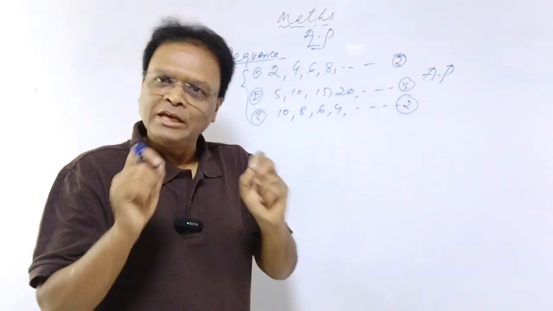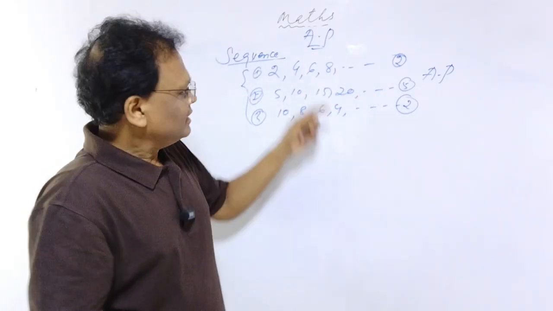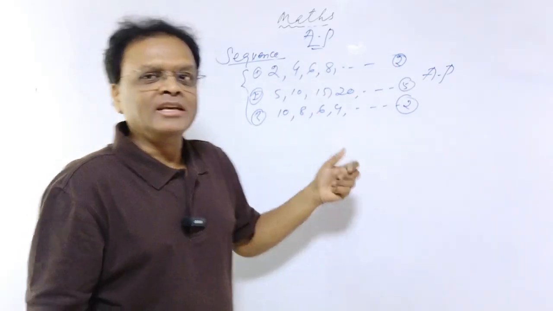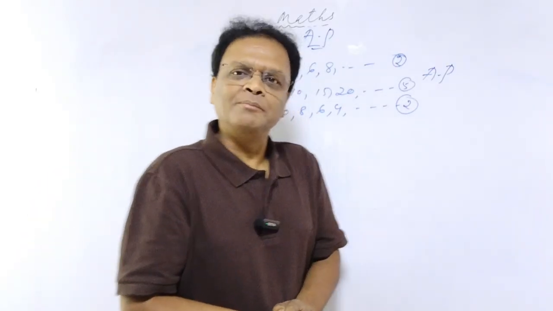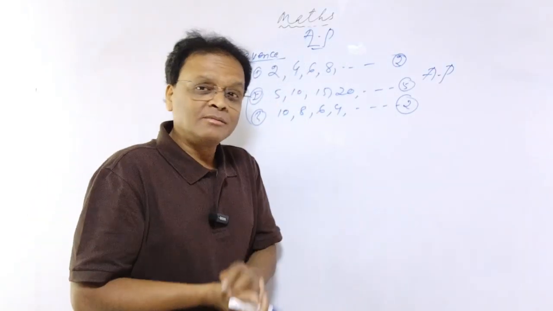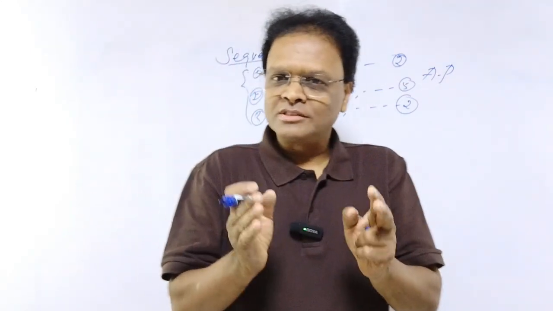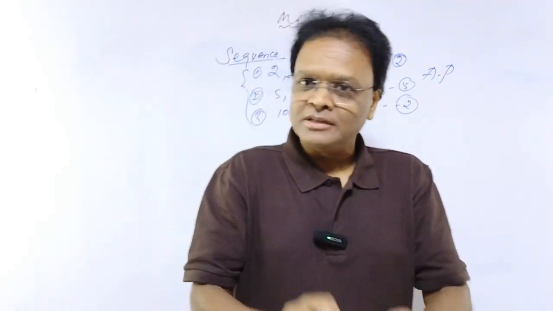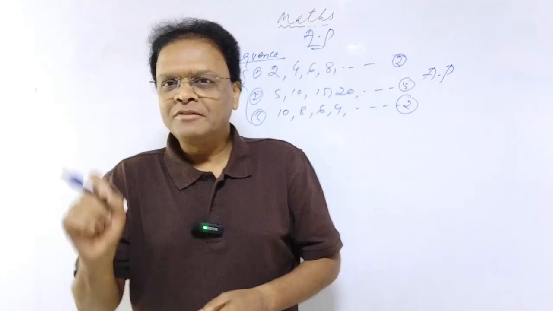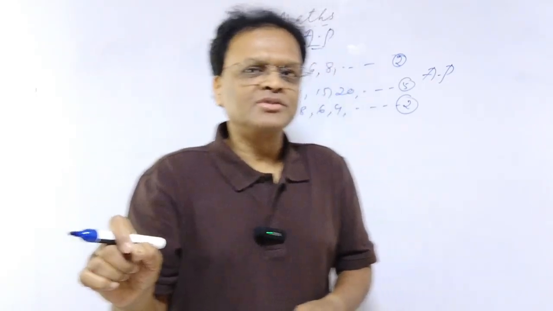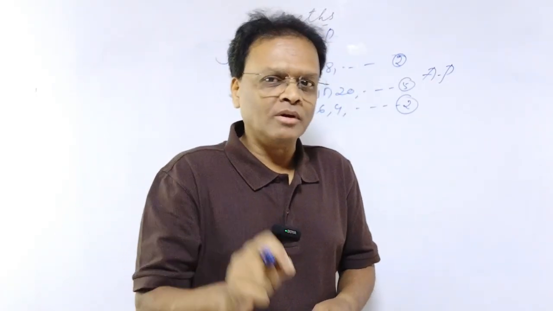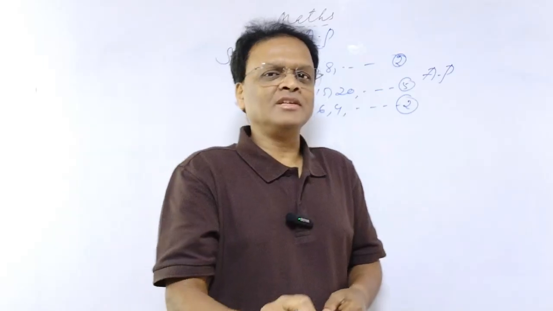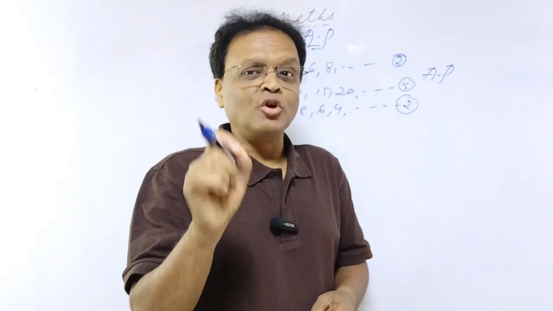If the difference is equal, then definitely this sequence is in arithmetic progression. So what is arithmetic progression? It is a sequence where the difference between two consecutive terms remains the same, and that fixed number is called the common difference.